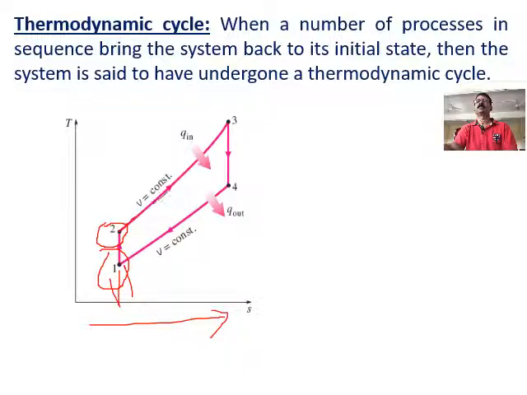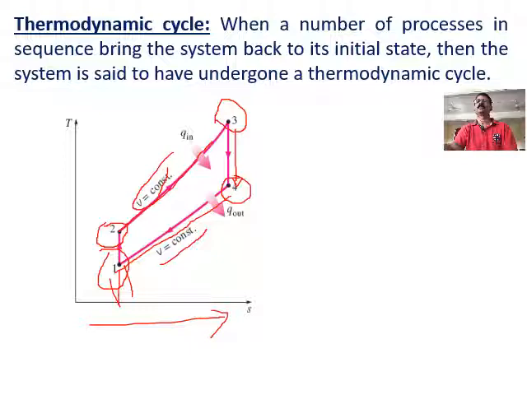Then 2 to 3, again a change of state, it comes to point 3, and volume is constant, so it is an isochoric process. Then 3 to 4 is again an isentropic process, and 4 to 1 is again a constant volume isochoric process, and the system comes back to its initial state 1.